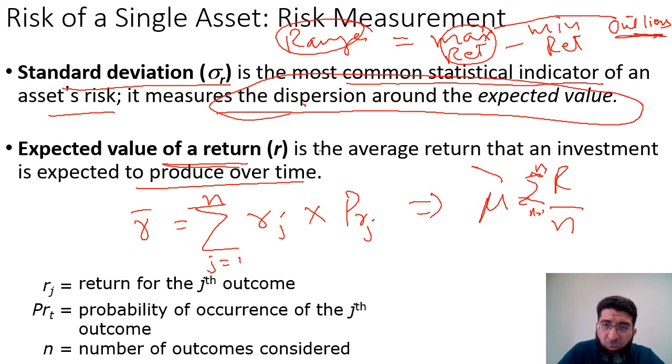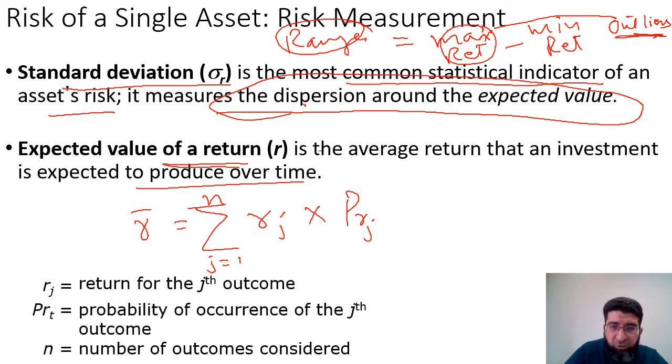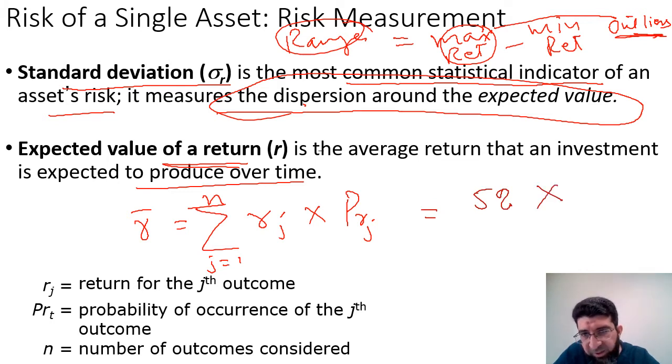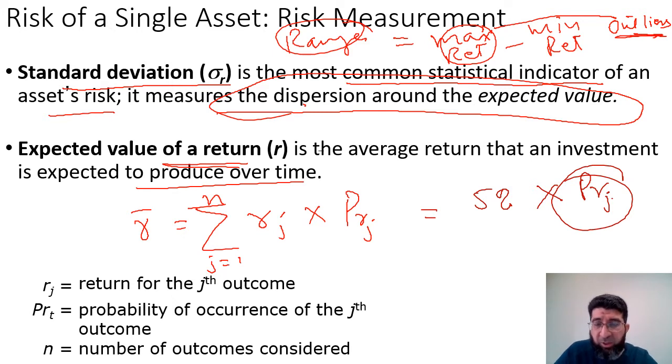However, we are more interested in the form that has been written here, and I would want you to remember this: every return has a probability attached to it, P(Rj), and that probability defines whether this return will occur or not, or how much it will occur. For instance, if there is a probability of 0%, then it will not occur. When we take an average, we assign equal probability to all returns. Hence, normally we don't see P(Rj) there.